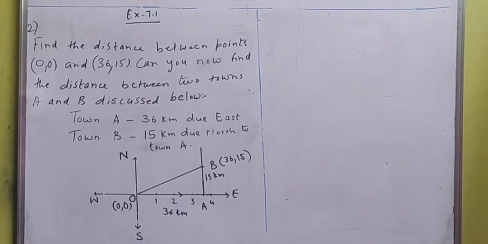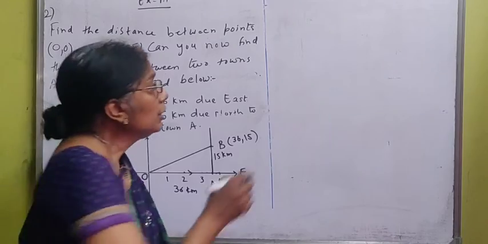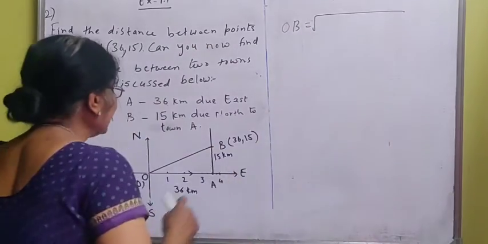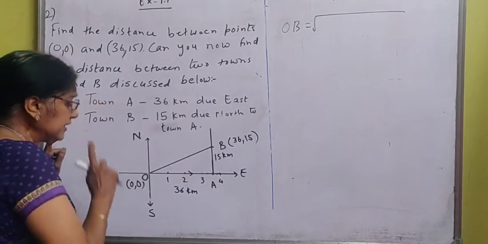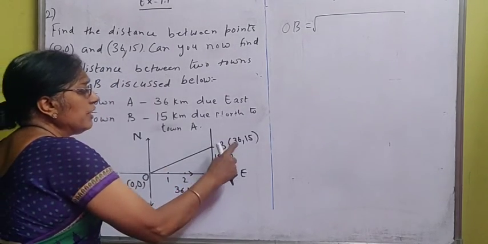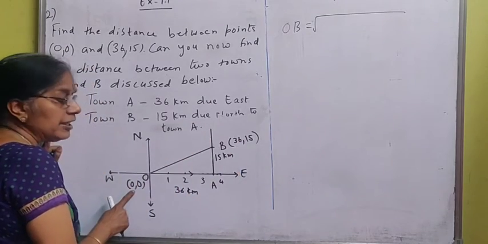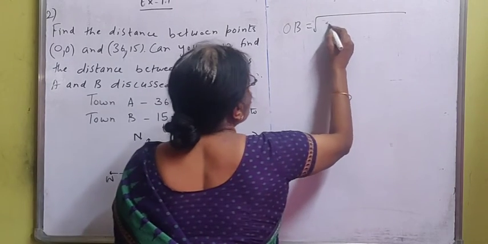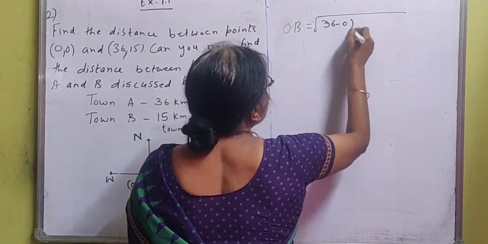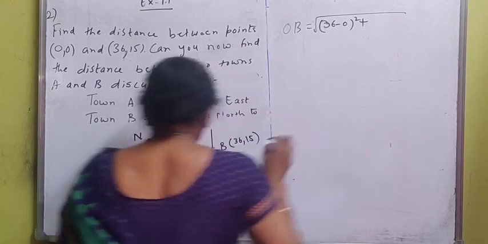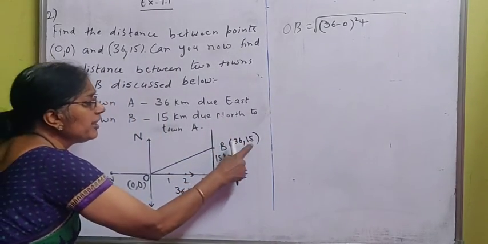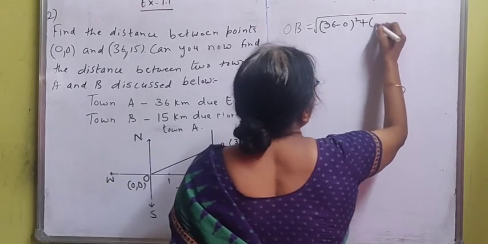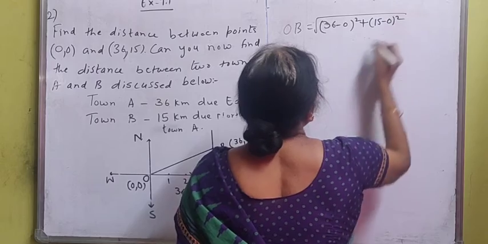Now we have to use the distance formula. So OB is equal to the square root of the x coordinate of B minus x coordinate of O, that is 36 minus 0, the whole square, plus y coordinate of B minus y coordinate of O, 15 minus 0, the whole square.